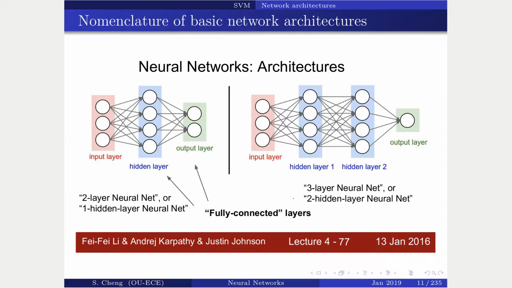So here I borrow slides from Stanford CS231N. This is just some naming convention for neural networks. If you have one hidden layer, that's typically called a two-layer neural network. If you have two hidden layers, you have a three-layer neural network. And all these neurons, in this case, are just vanilla neurons: a weighted sum of the inputs and then go through some activation function.